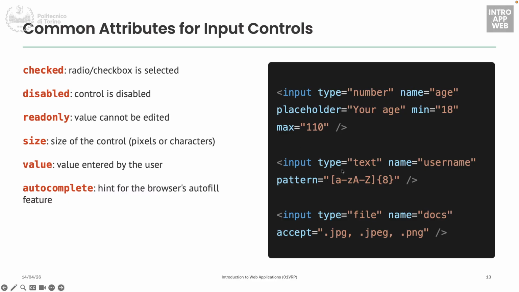Then this one, what do you think it is? So we know this is a text. By the name, we can infer this is the field in which I want to get the username. And then we have this pattern. What do you think this pattern is?